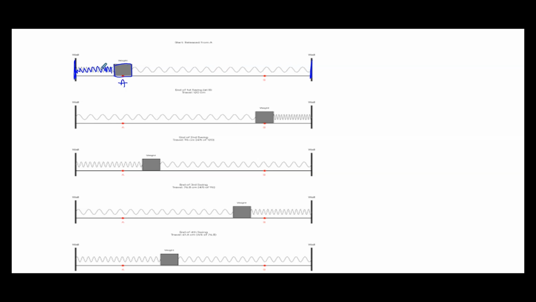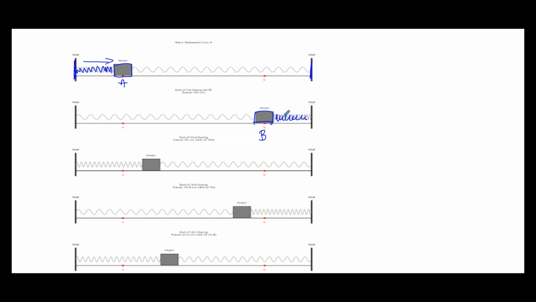So what happens when the spring is so tight? It has a force, isn't it? And with that force, once we release that block, that spring is going to push this block all the way to point B. This spring gets really long and then here it is really, really squashed.